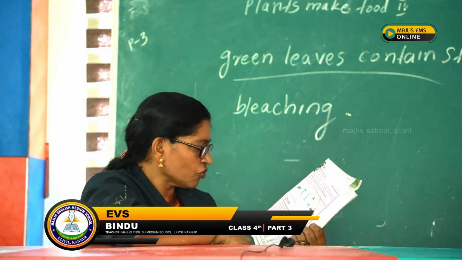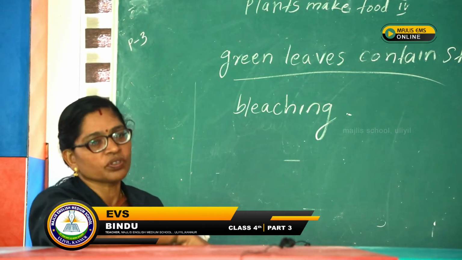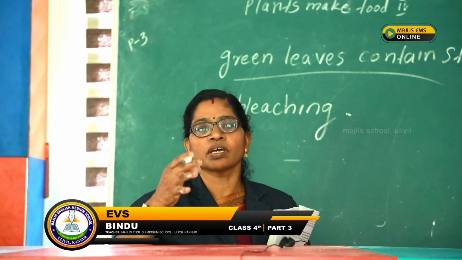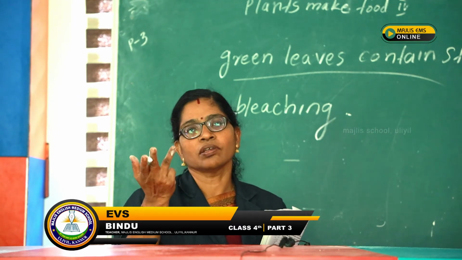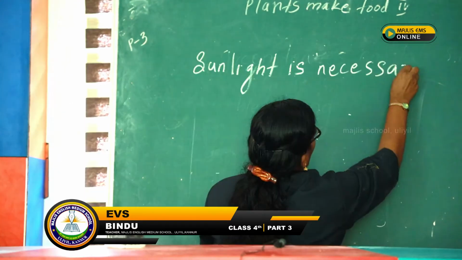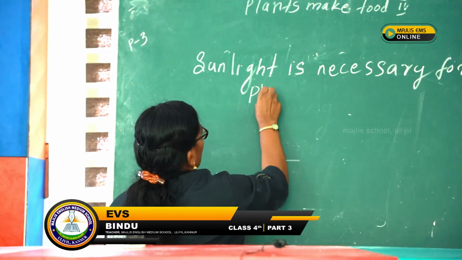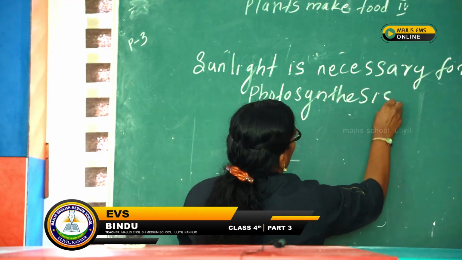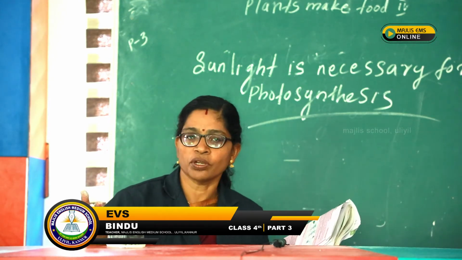Okay, then let us do another activity to show that sunlight is necessary for photosynthesis. I think you all remember, in photosynthesis, which are the ingredients or agents of photosynthesis? Sunlight, chlorophyll, water, very good, etc. Sunlight also is necessary for photosynthesis, that you already know.